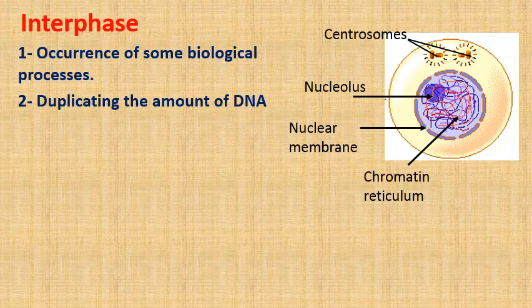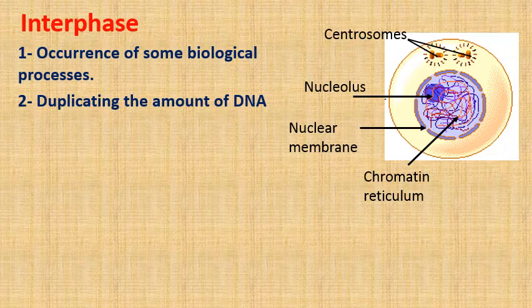Each cell contains 46 chromosomes. So how can we obtain 2 new cells with diploid number of chromosomes? We must firstly duplicate the amount of DNA to produce 2 new cells. Each one contains diploid number of chromosomes, complete number of chromosomes. Okay?